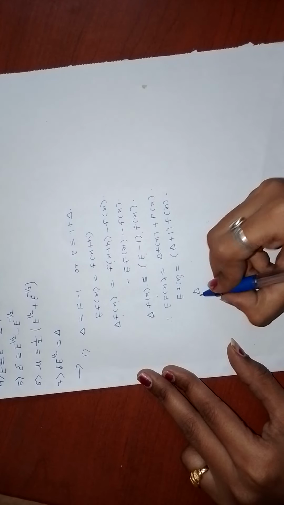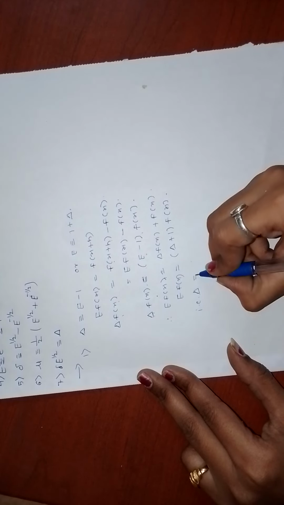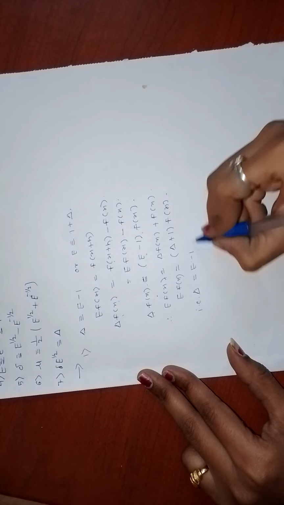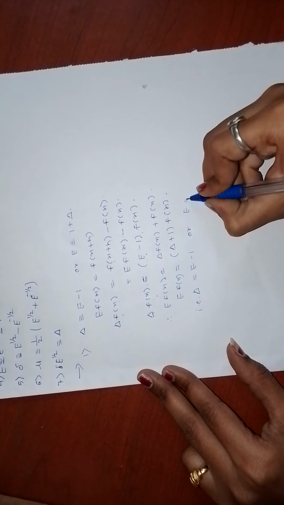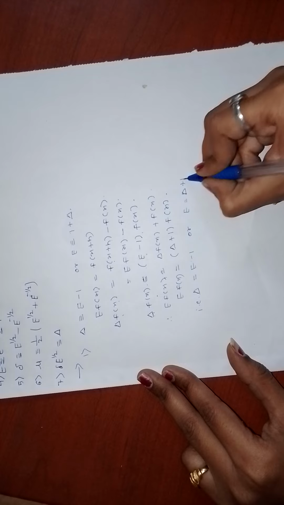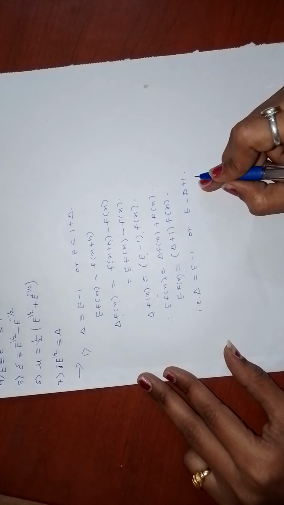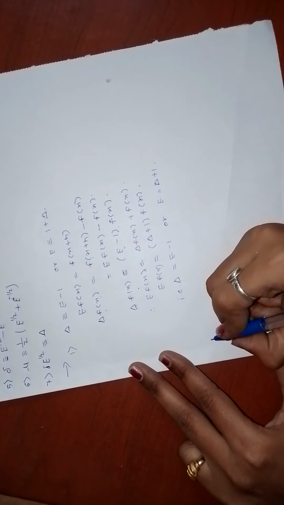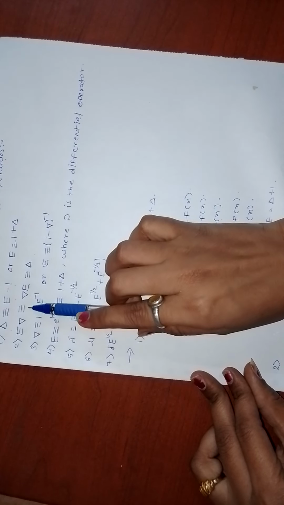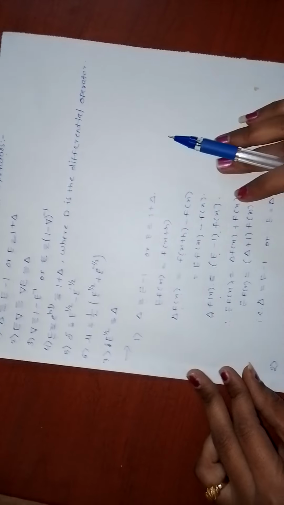That is delta is equal to E minus 1 or E is equal to delta plus 1 or 1 plus delta. Next one is second, E del is congruent to del E is congruent to delta.